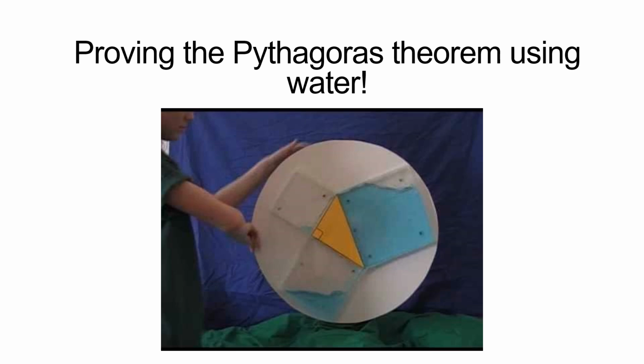The proof that you see in front of you right now shows how the areas of the squares of sides a and b equal the area of the square of side c using water. Since the water in squares a and b perfectly fill square c when flipped around, it can be visually deduced that a squared plus b squared equals c squared. This visual reshaping helps us understand the relationship between sides of a right-angled triangle in a more intuitive way.